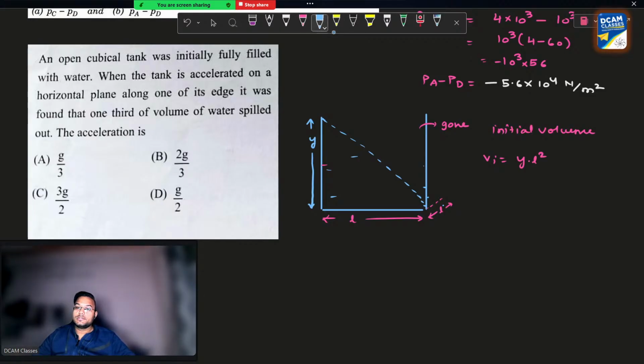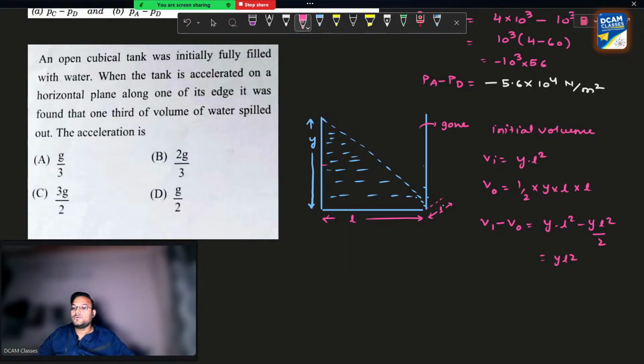Now, since one third of the water has left, the final volume V out is half into Y into L, that's the area of the triangle, into L inside. So the volume of water that has left, Vi minus V out, is Y into L square minus Y into L square upon 2.